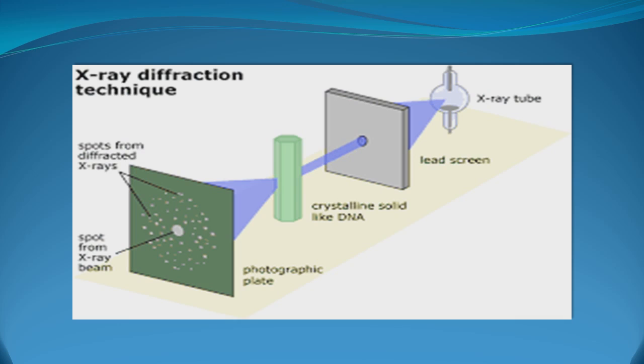Here it is a crystalline solid, though any kind of sample can be used. We know that the X-ray has a very short wavelength, nearly equal to the distance between two lattice points, so it gets diffracted. It obeys Bragg's law; we will discuss it later. So we get the diffraction pattern on the screen.